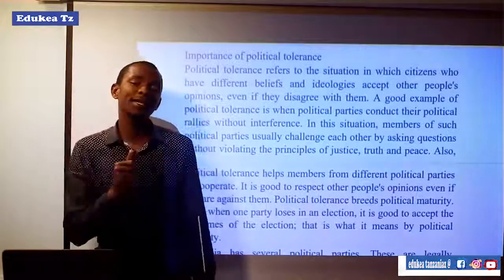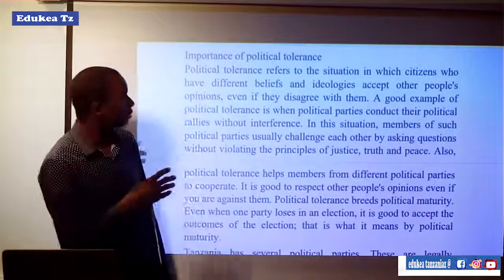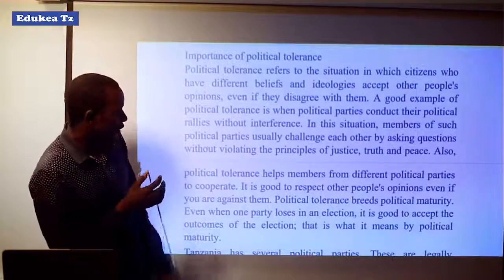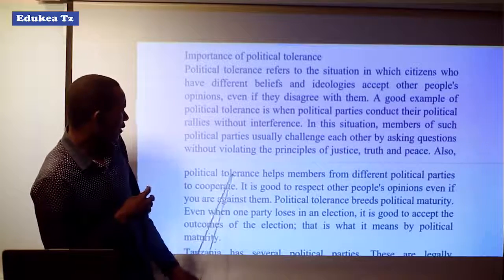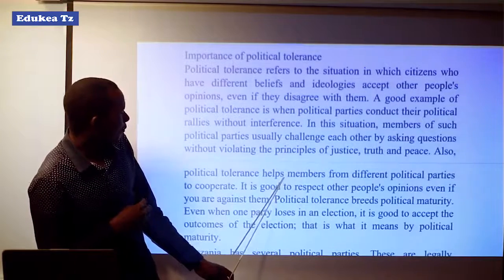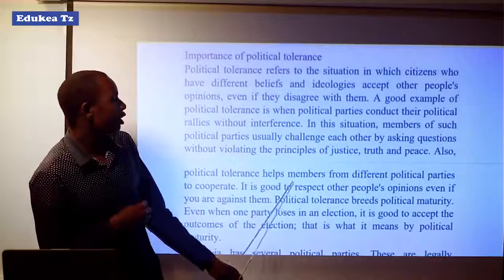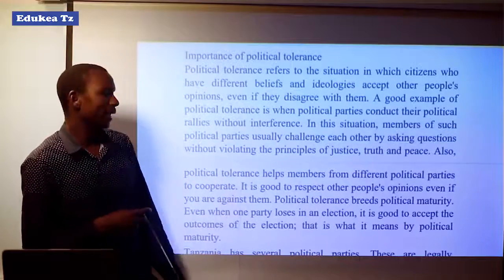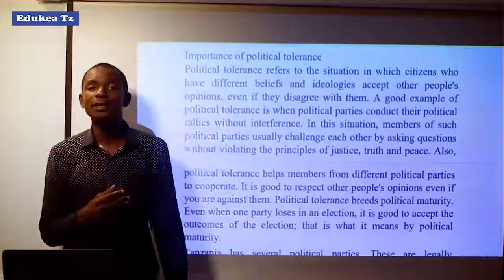Also, there is importance of political tolerance. The first importance is that political tolerance helps members from different political parties to cooperate.